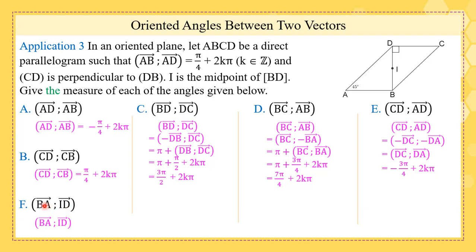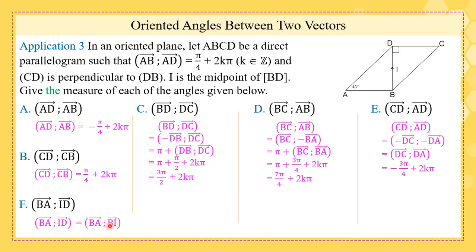Remember, try to take equal vectors. So vector BA in this case could be replaced by vector CD, and CD is related to ID, or vector ID could be replaced by vector BI. So in this case, I replaced vector ID by vector BI, and by now we have the same letter.